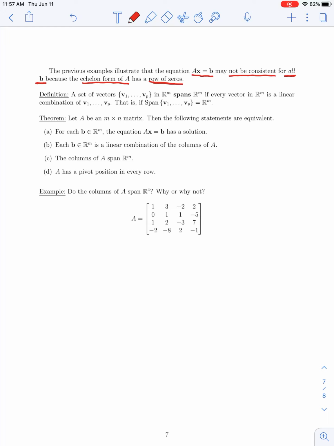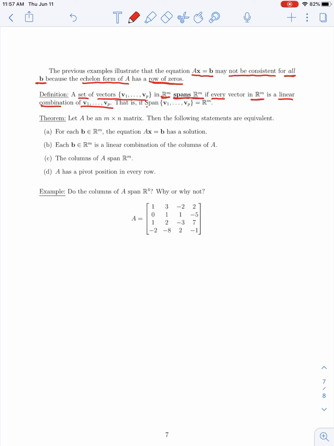So to answer that question, we need a little terminology. We would say here that a set of vectors v1, v2, up through vp in Rm, so those are column vectors of length m, is said to span all of Rm if every vector in Rm can be written as a linear combination of v1 up through vp.